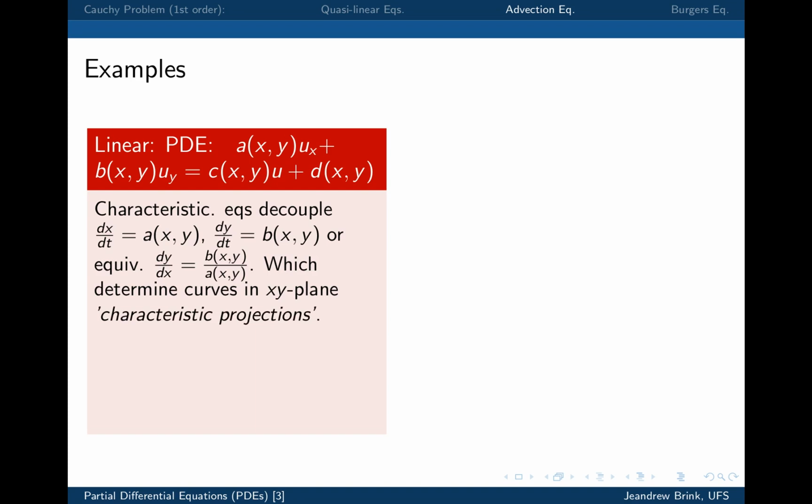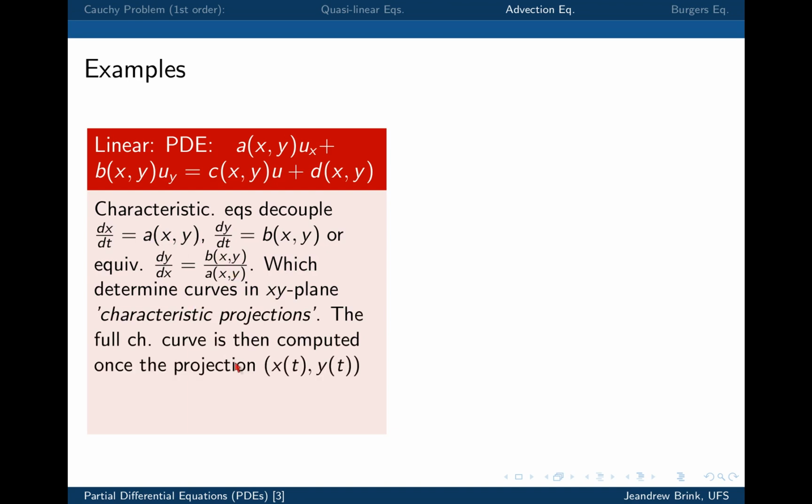Those we call characteristic projections, and the full curve is then computed by taking this, once you know the actual solution x of t and y of t, and putting it back into the linear equation, in the following way.